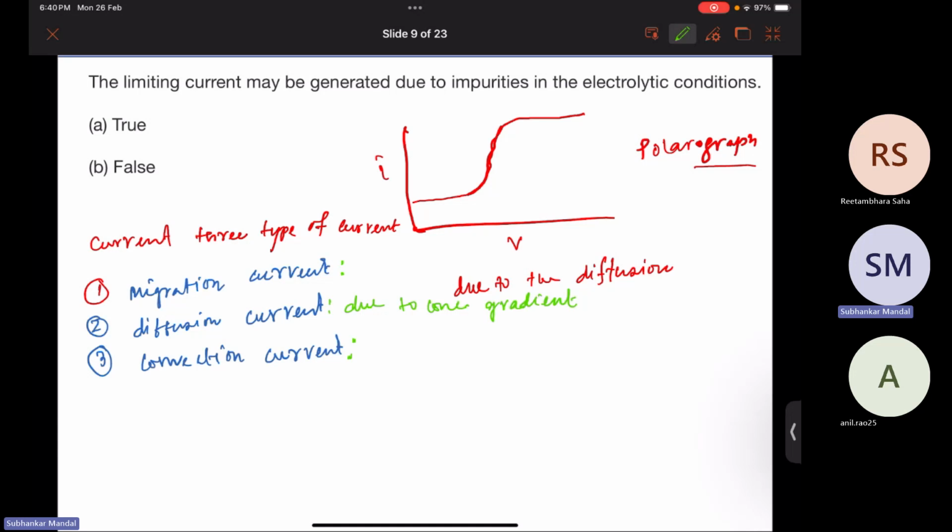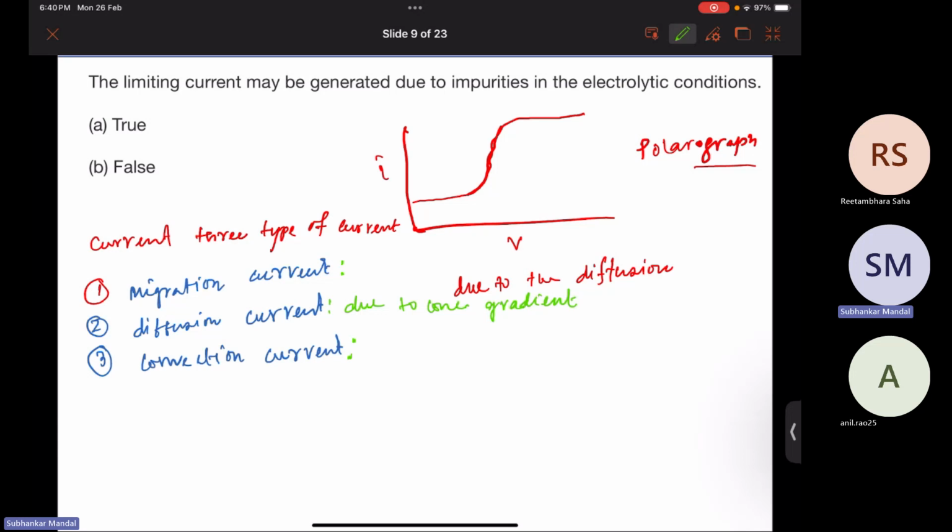Okay, and migration current and convection current. Convection current basically: you are doing some polarography with a dropping mercury electrode, and you have taken your electrolyte in a container. Now you put in one magnetic bead and stir the solution, and during that time you are measuring the current.